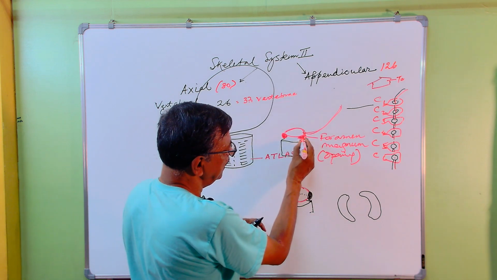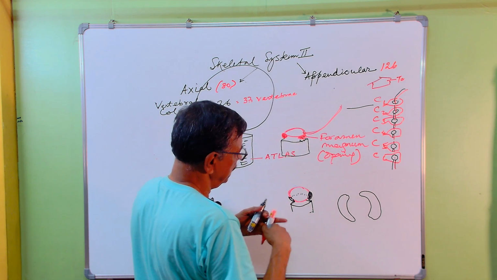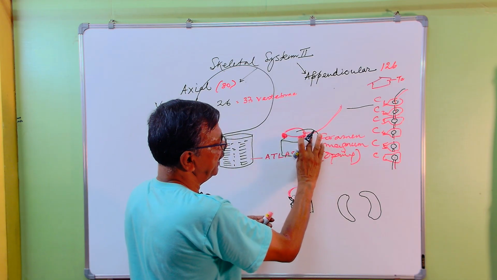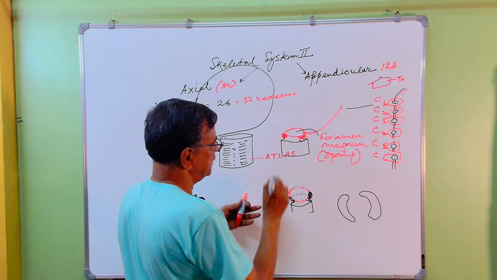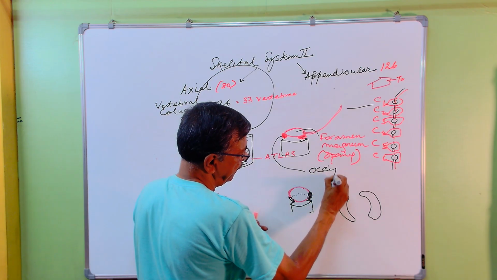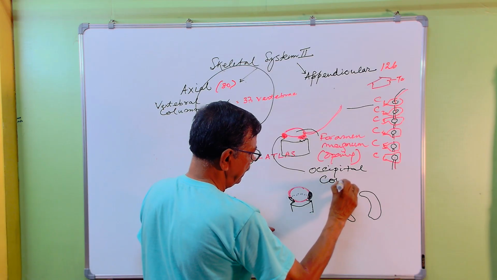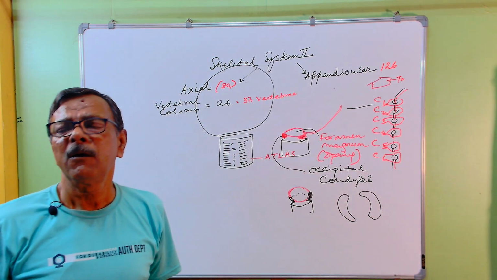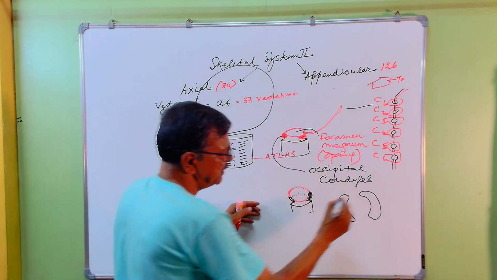So this is the opening, the foramen magnum, and these two are known as occipital condyles. These occipital condyles are ball-like.